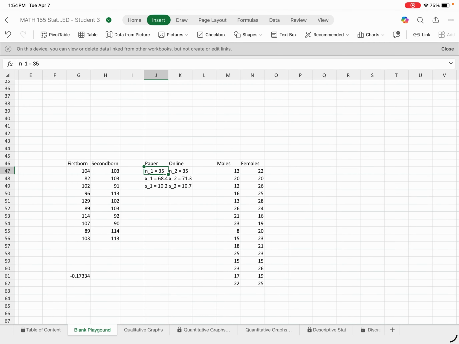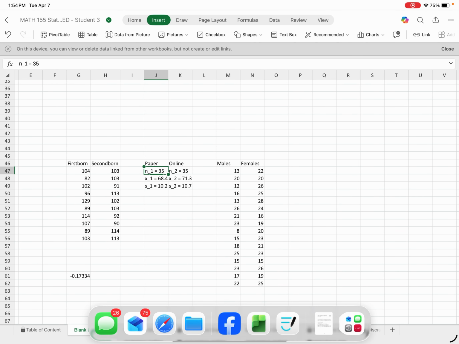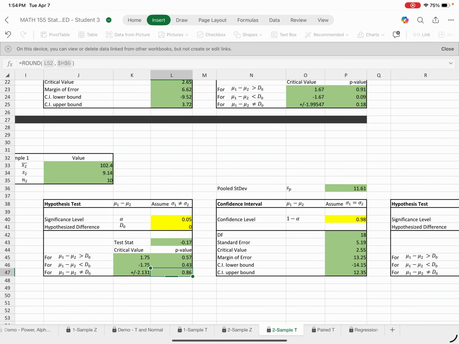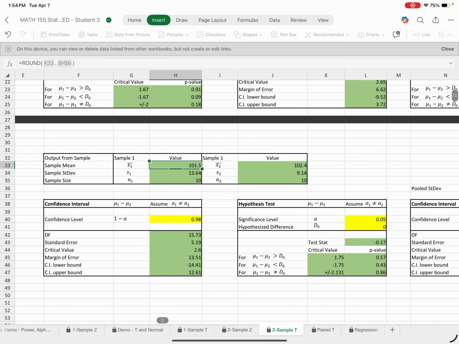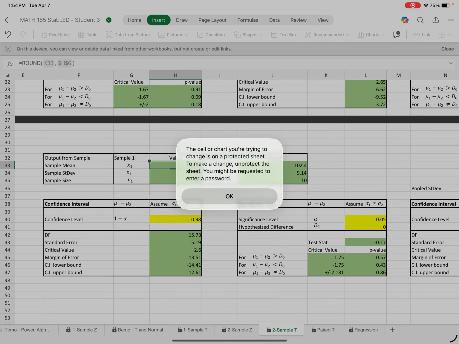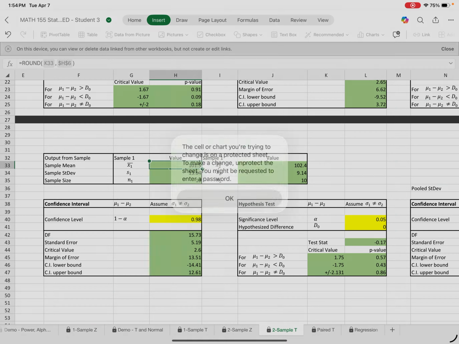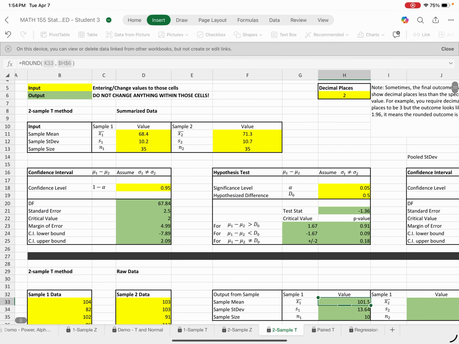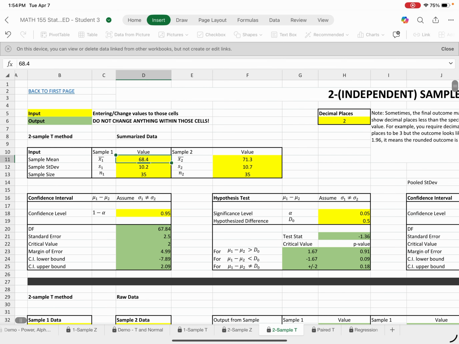We have N1 and N2 are 35, 68.4 and 10.2, and again, we're using 2 sample t. Look, we already have it right here.